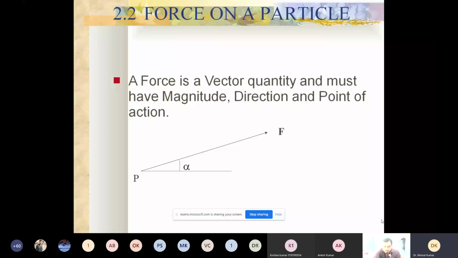So first of all, all of you know the concept of vector and scalar. The scalar will have only magnitude, and vector will have magnitude as well as direction. Force is a vector quantity, and will have magnitude as well as direction.